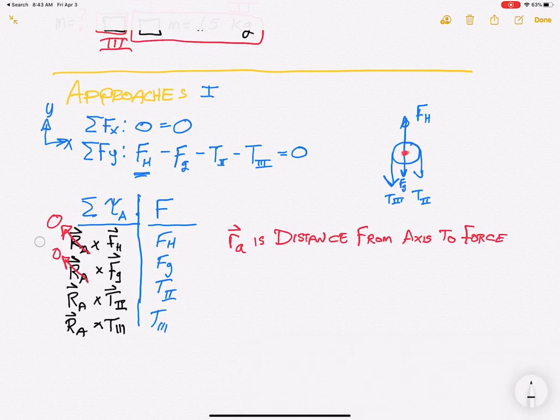findable just by doing our vector trick.